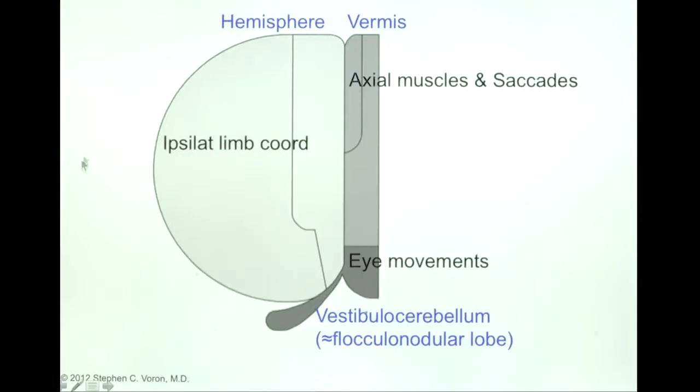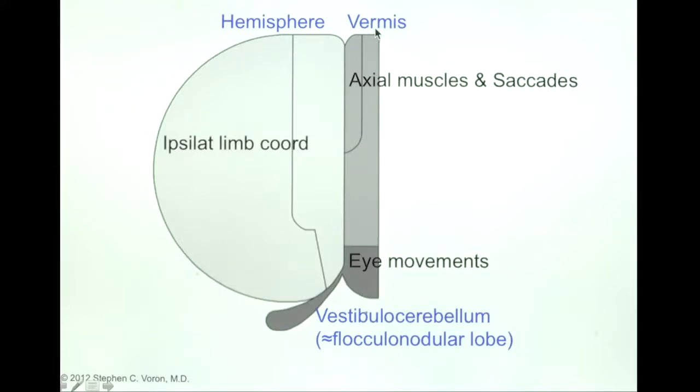As preparation for looking at patients with cerebellar disease, I should mention that most of the disease involves three general regions, and they aren't usually pure. There is some overlap. Hemispheric disease results in ipsilateral limb coordination problems. Again, cerebellar disease, not cortical.